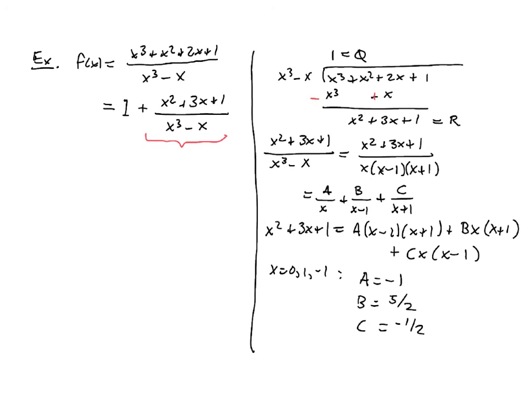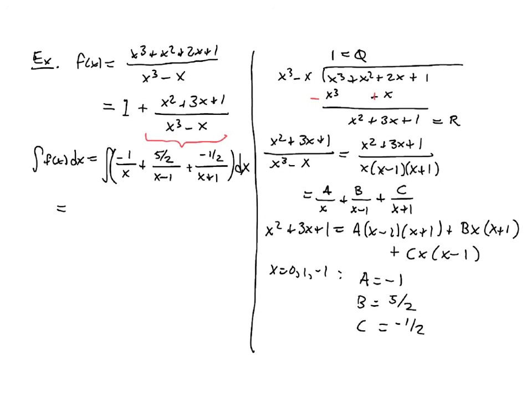And so that tells you that my function, if I want to compute the integral of f of x dx, then I can write that as the integral of my a over x plus my b over x minus 1 plus my c over x plus 1, entire thing dx.